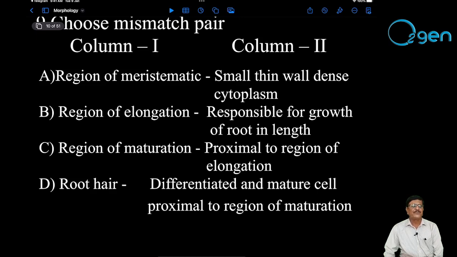After the maturation region, that option is also correct. The last one is root hair: differentiated and mature cells, proximal region of maturation. Root hairs are not differentiated, they are the extensions of the epidermal cells, and they are in the region of maturation. So option D is the mismatching pair.